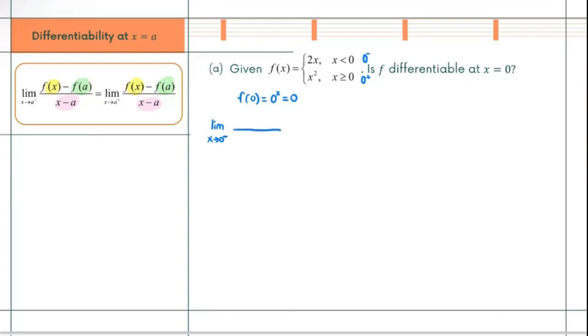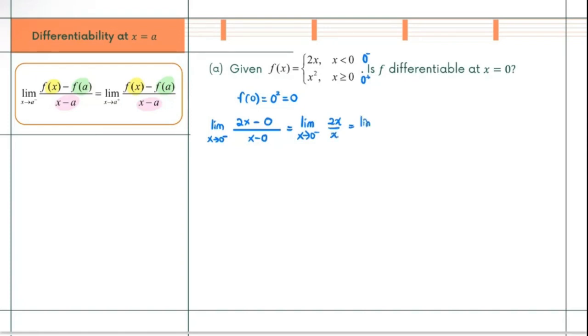Okay, so tadi function dia adalah, formula dia adalah fx kan. So 0 negative, fx kita adalah 2x. So 2x minus dengan f of a kita adalah kosong, bahagikan dengan x tolak kosong. Tidak, x minus 0 will be x kan. So here I get limit as x approaching 0 negative of 2x over x.